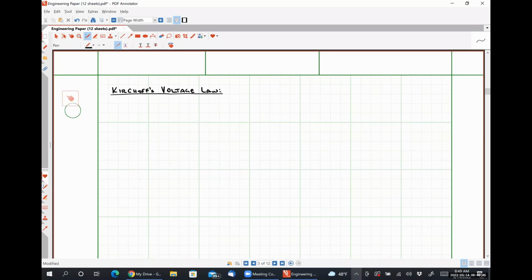Kirchhoff's voltage law states that the sum of the voltage drops around any closed path must equal 0, or sum together to be 0.